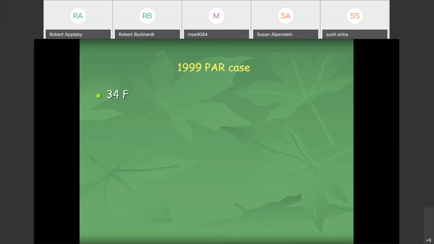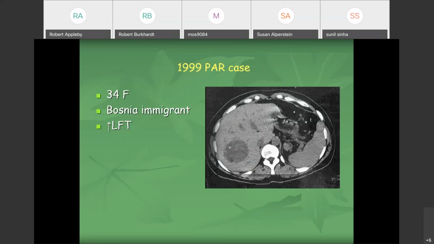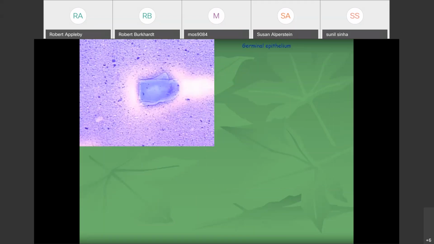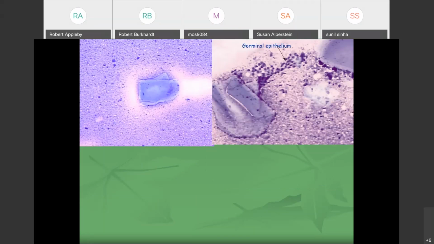There's a case, old case, 34-year-old woman from Bosnia. She is healthy but has elevated liver function test. And then CT shows a nodule. Aspiration shows very dirty background and then some thick refractile substance.